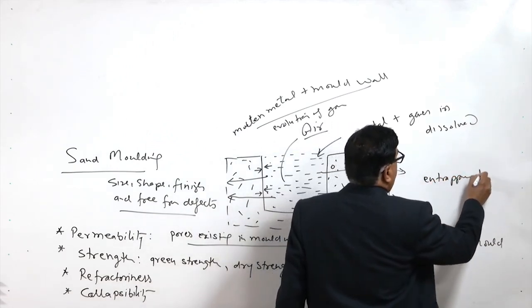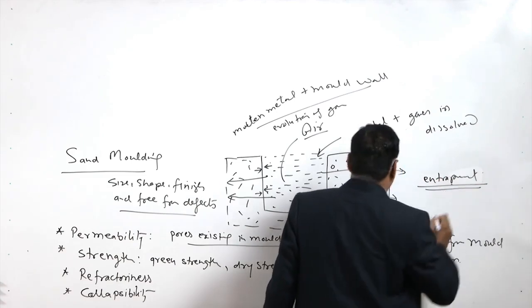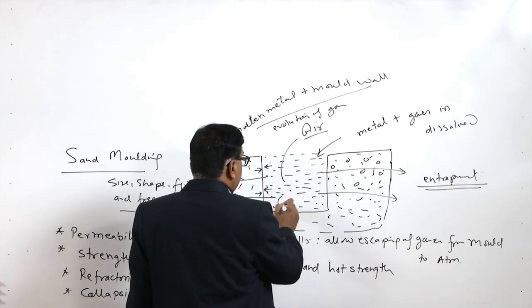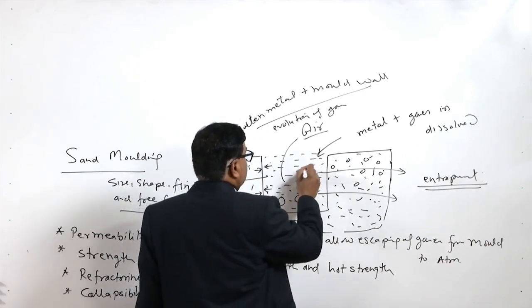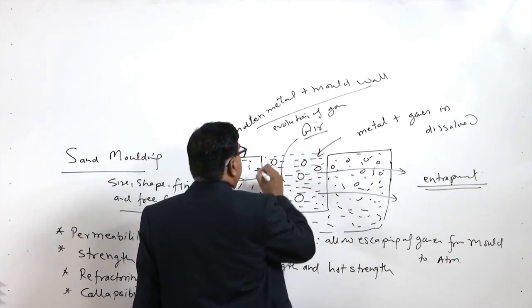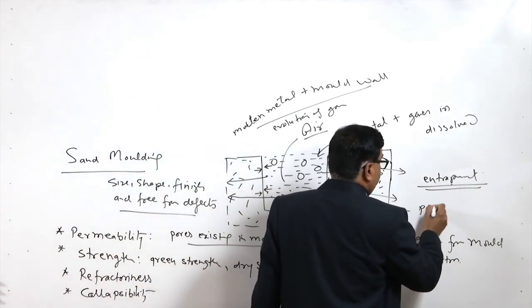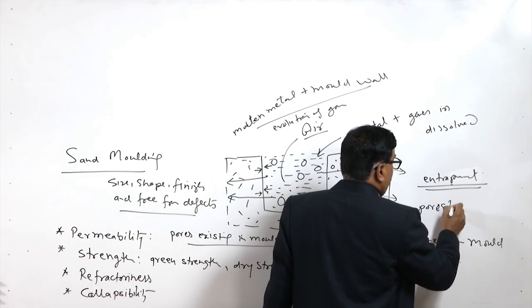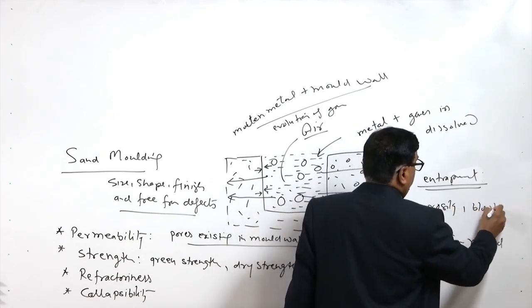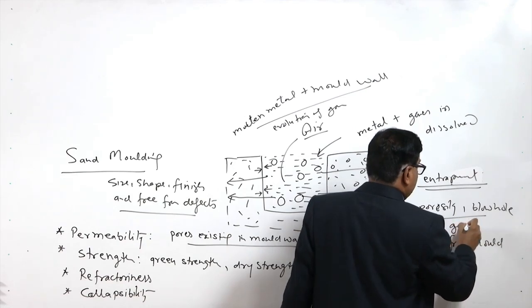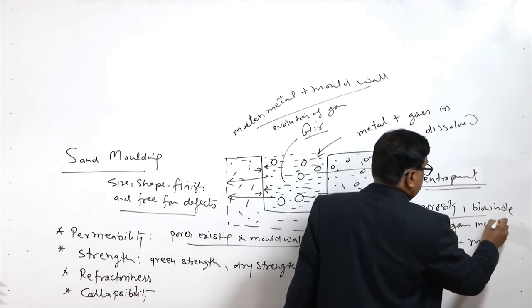The gases trapped within the mold wall will lead to the presence of these gases in the casting itself, and these may appear as fine porosity or big blow holes. These are also termed gaseous inclusions.